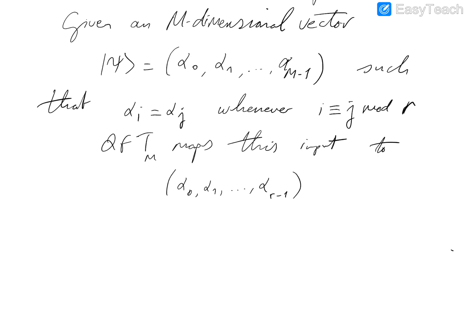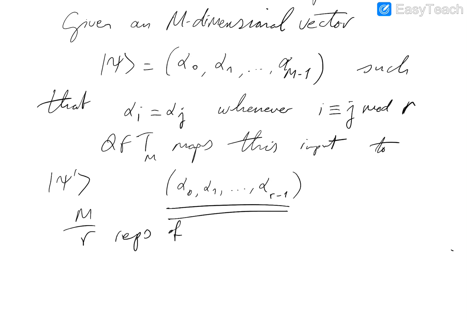So it will map to a vector psi prime, which consists of m over r repetitions of this sequence, a sequence of length r, and there are m over r many repetitions.